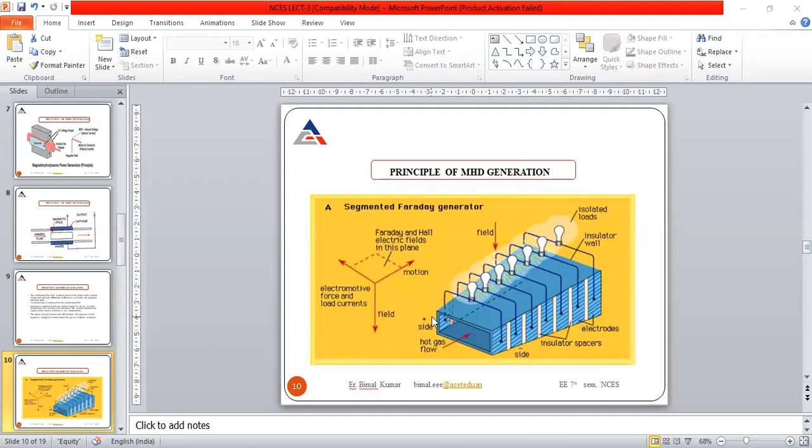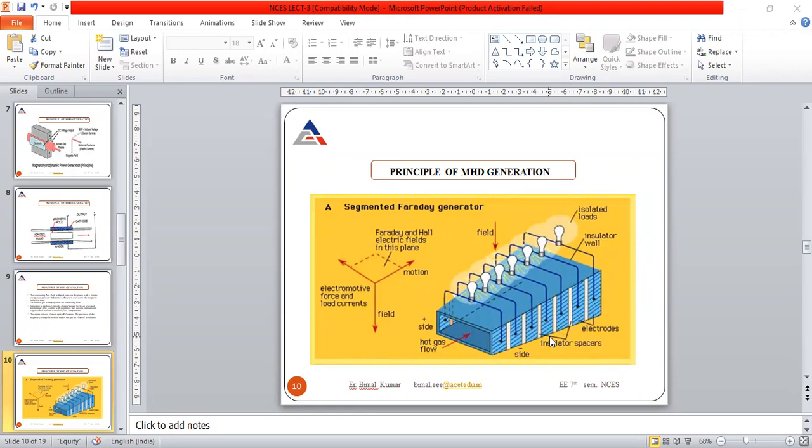In this case, this side is assumed to be positive and this side is assumed to be negative, right?